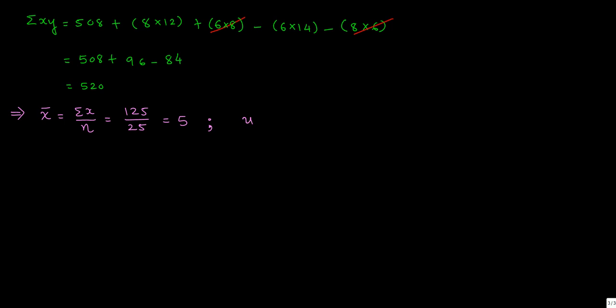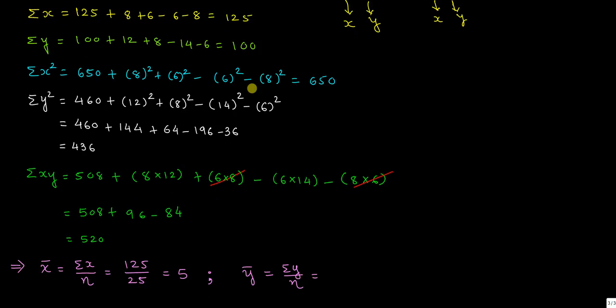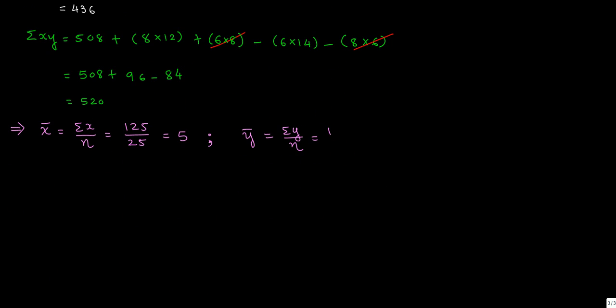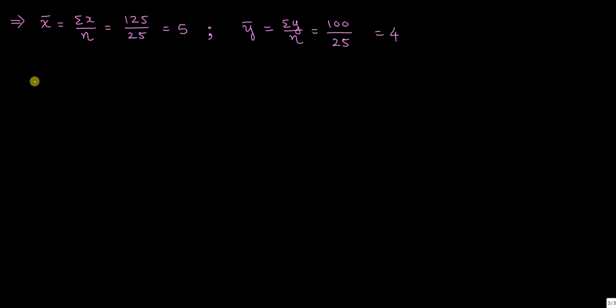Similarly, y bar equal to summation y upon n. Summation y correct value is 100 upon 25. It is equals to 4. Okay. Now find out first regression line. Regression line of y on x.